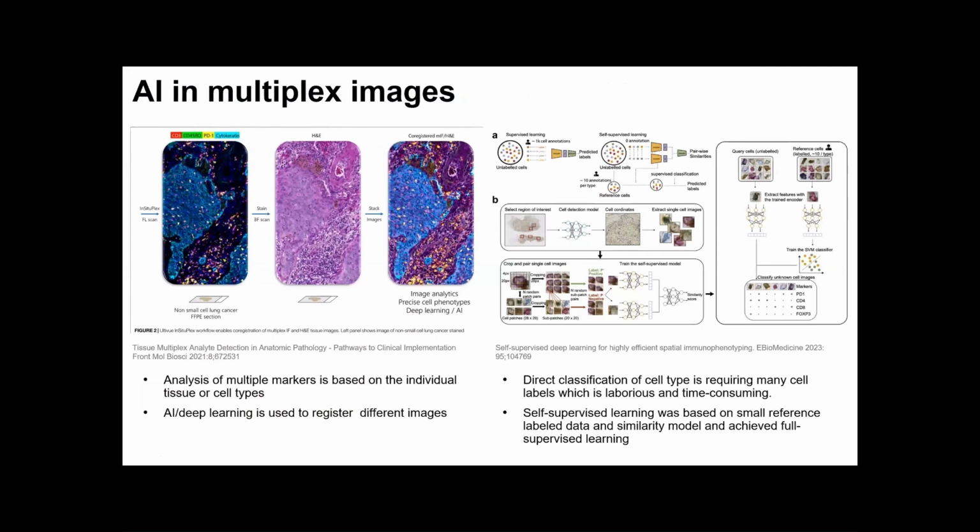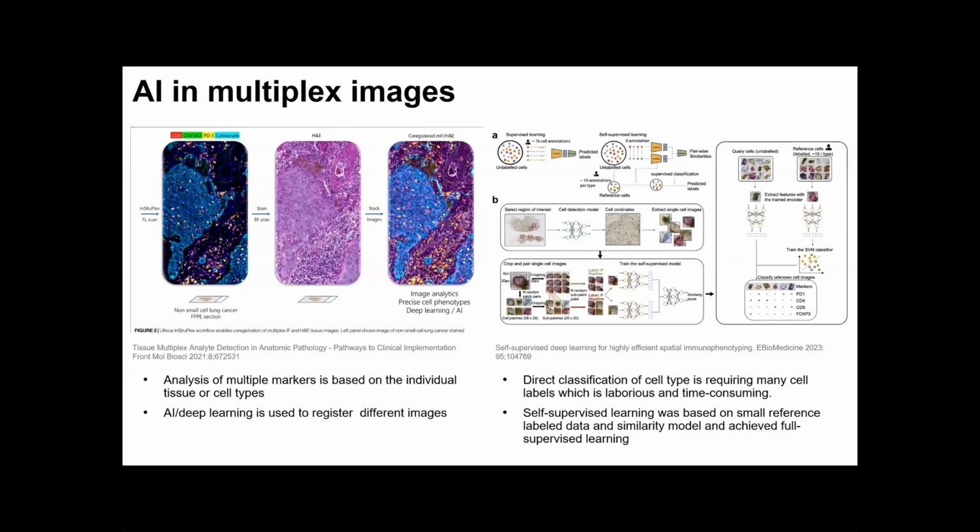Analysis of a multiplex image is based on the individual tissue or cell types. To do this, multiplex images should be overlaid on H&E images. AI is used to register the different stained images.